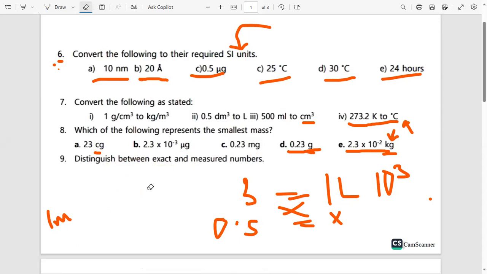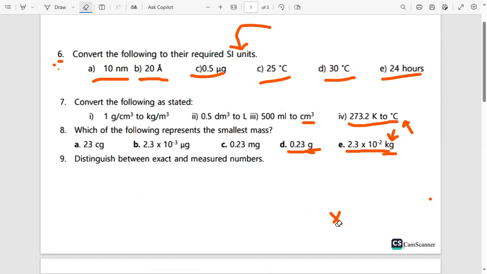distinguish between exact and measured numbers. Okay, so exact numbers. Okay, these are just numbers that are obtained by counting. Okay, so if, for example, you have 5 pens in your hands and then you count them 1, 2, 3, 4, 5. That's an exact number. It means you have exactly 5 pens.